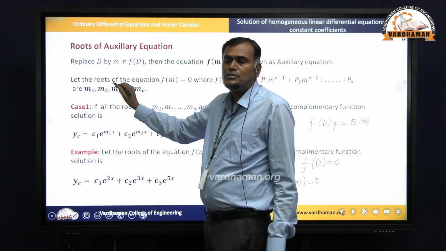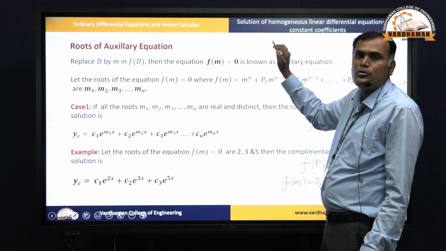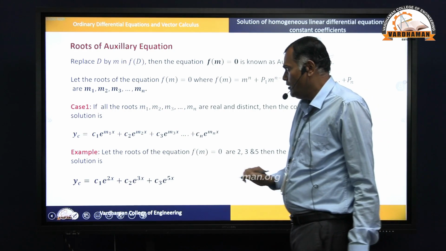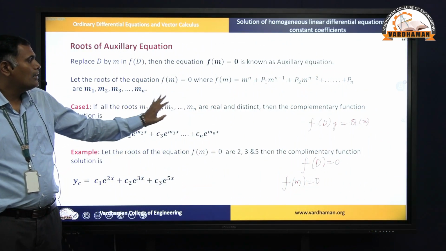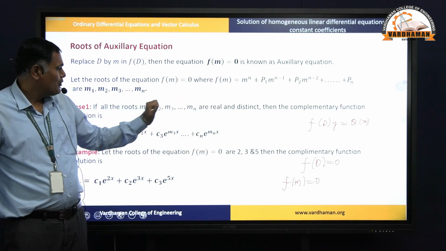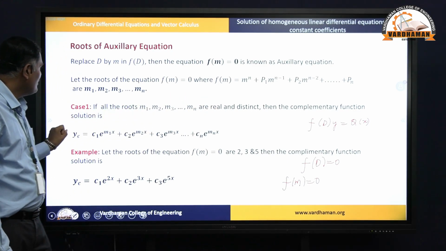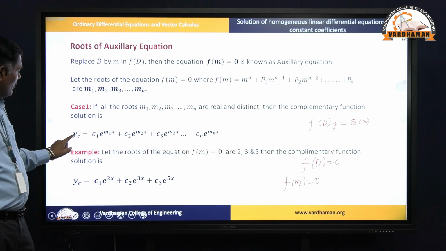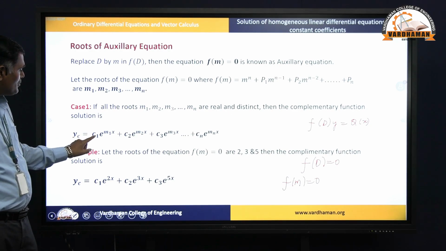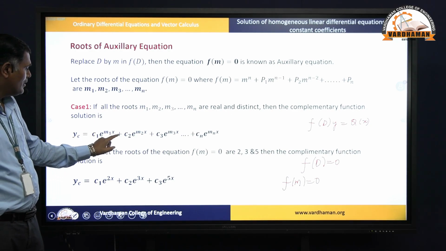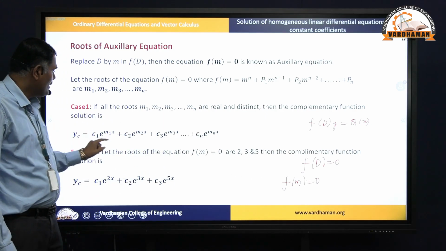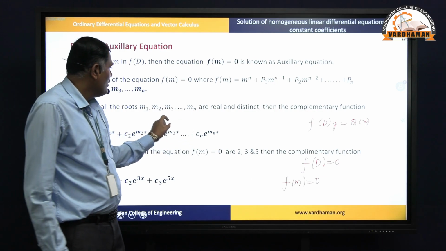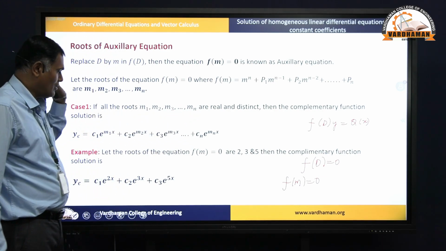Depending on these roots, we write the solution of the homogeneous linear differential equation. For example, if the roots are all real and distinct, then the solution can be written as y equals c1 into e power m1x plus c2 into e power m2x plus and so on. Here m1, m2, and so on, mn are roots of this auxiliary equation.